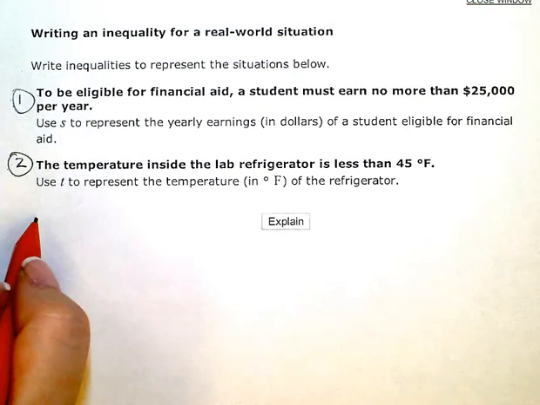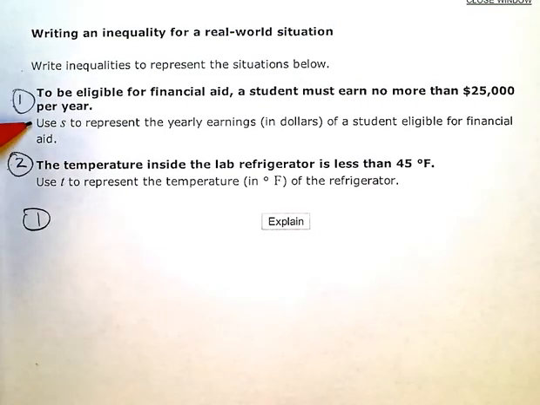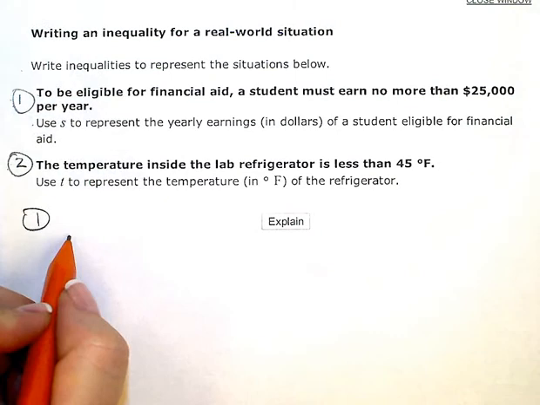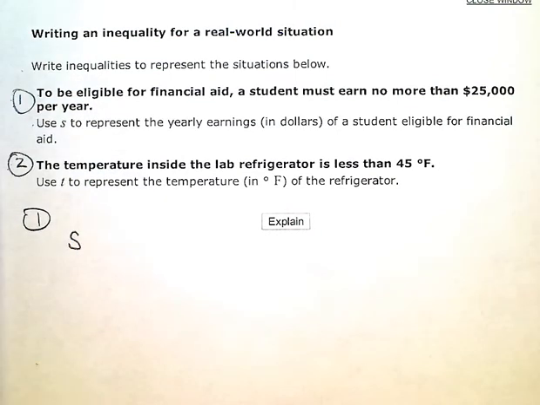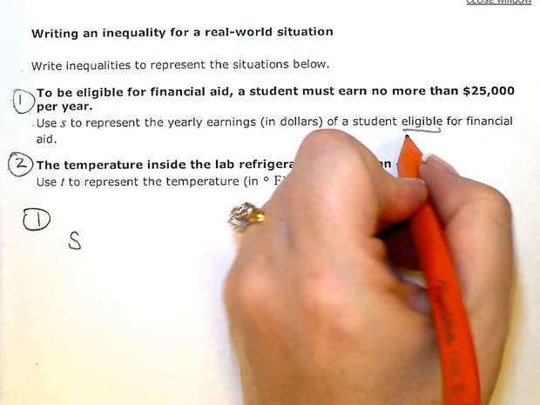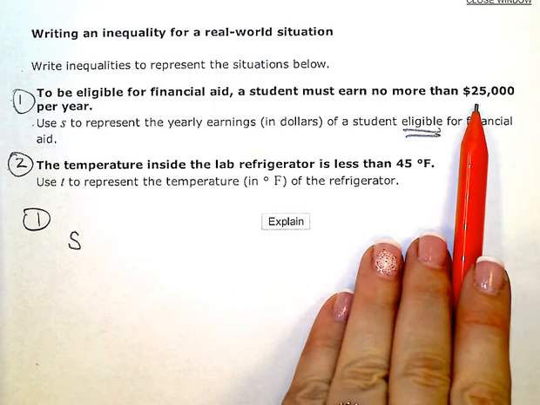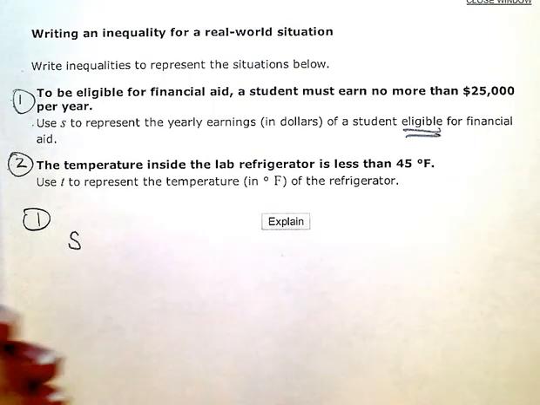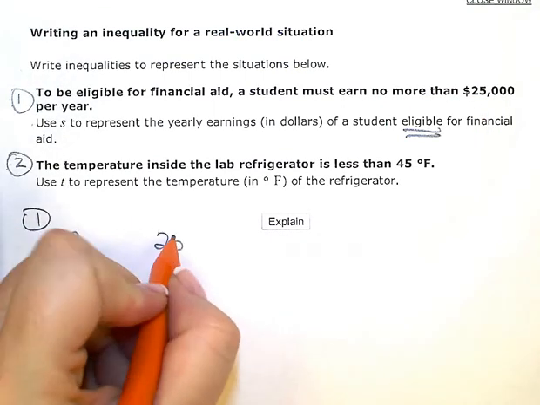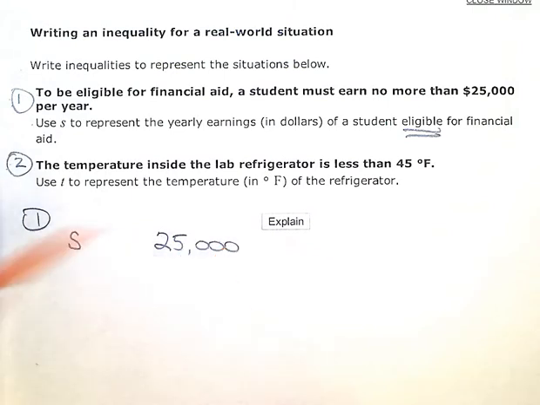So for number 1, they're asking me to use S to represent the yearly earnings in dollars of a student eligible for financial aid, okay? So S stands for student, and this student is eligible for the financial aid. Then the other piece of information I have is this number right here, 25,000. That's kind of the critical number here.